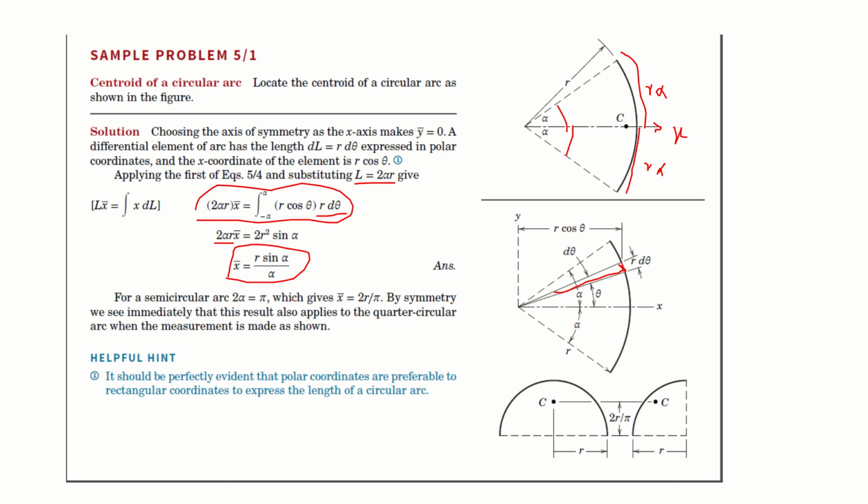Now, in case of a semicircle, if we have alpha equal to pi, not the circle, semicircle, you're going to find that x prime will become 2r by pi along the x-axis, and this is where x prime is going to exist. As a result, you will have the centroid of a semicircle.